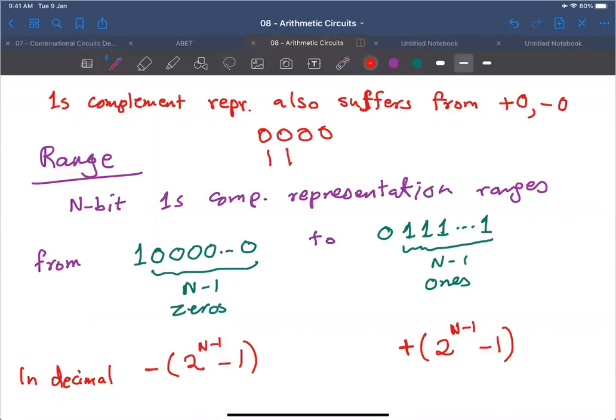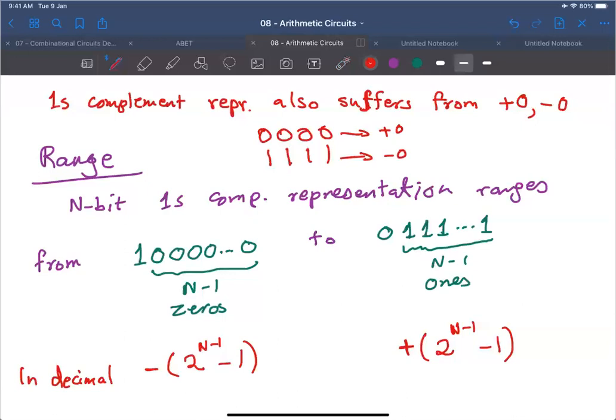Excellent. You just complement all the bits. So this is plus 0, and this is negative 0, which is bad. It's not a good thing. So it's not perfect. That's why it's not used, among other reasons as well, for arithmetic. We use 2's complement, as we will see next.